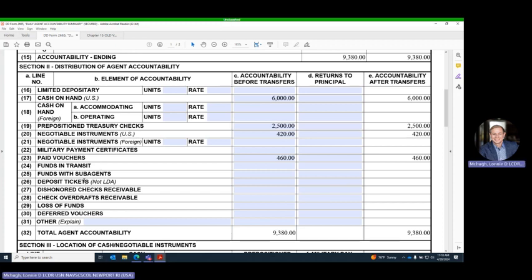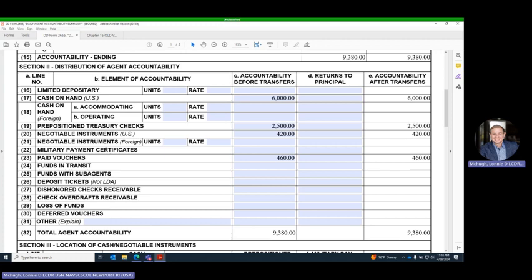Are deposit tickets, not LDA. So what this refers to is if somebody had brought in checks and we cashed them and we were depositing them. So this is not on a government account.